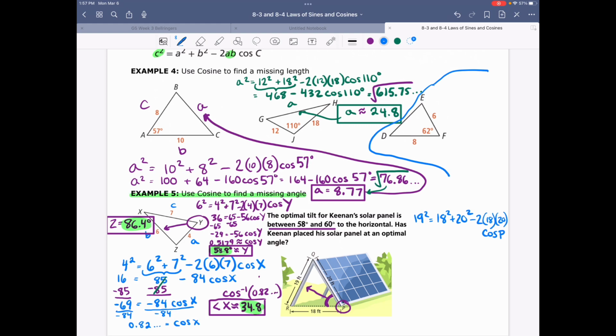Let's simplify that. 19 squared is 361. 18 squared plus 20 squared is 724. 2 times 18 is 36, times 20 is 720. Cosine of P. Again, we're going to solve it, so we're going to subtract 724.